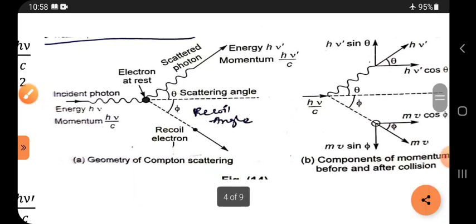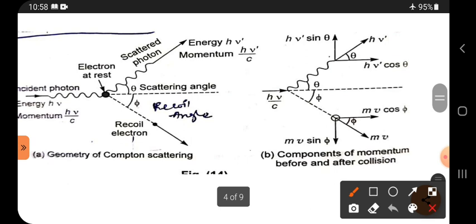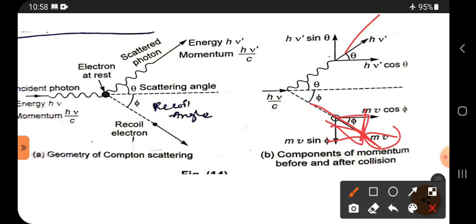In the same manner, for the electrons also we can calculate. This is for the photon. For the electron also we can calculate. So here to here the value is mv. Now draw the normal here, either this side or this side. Then you get one right angle triangle.